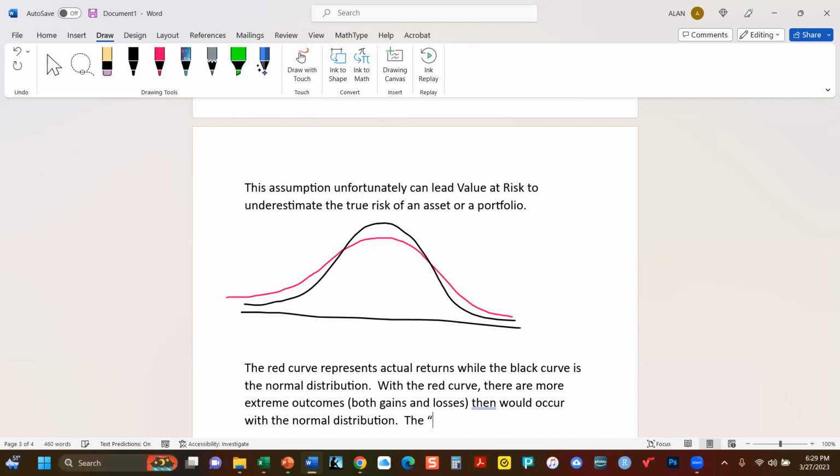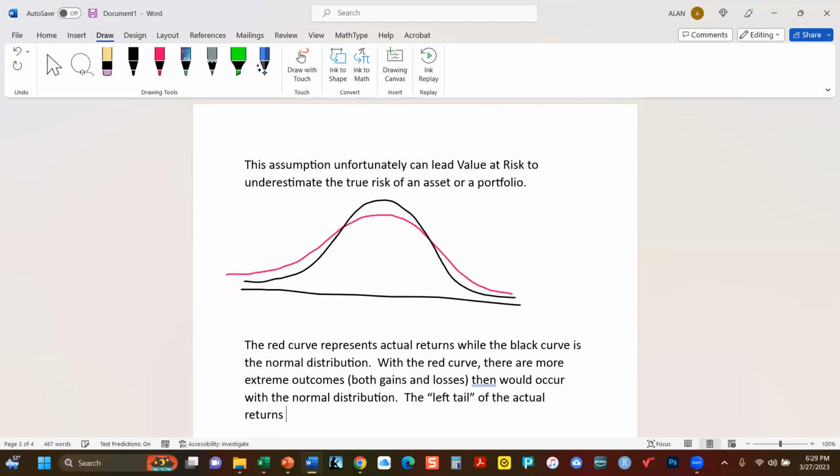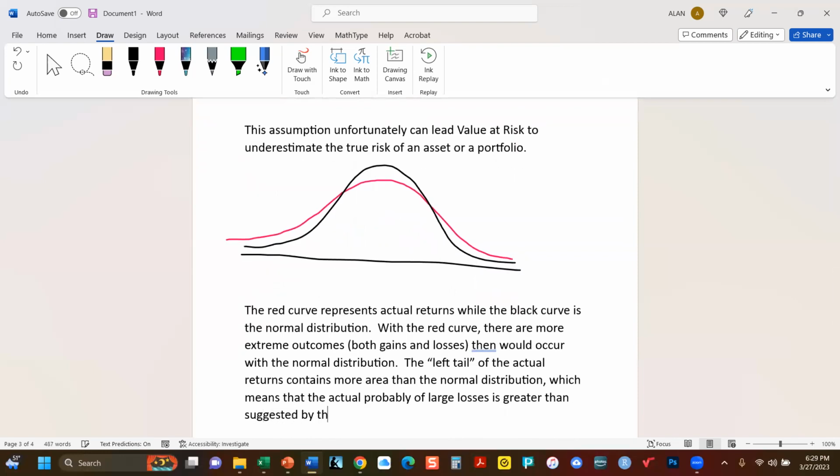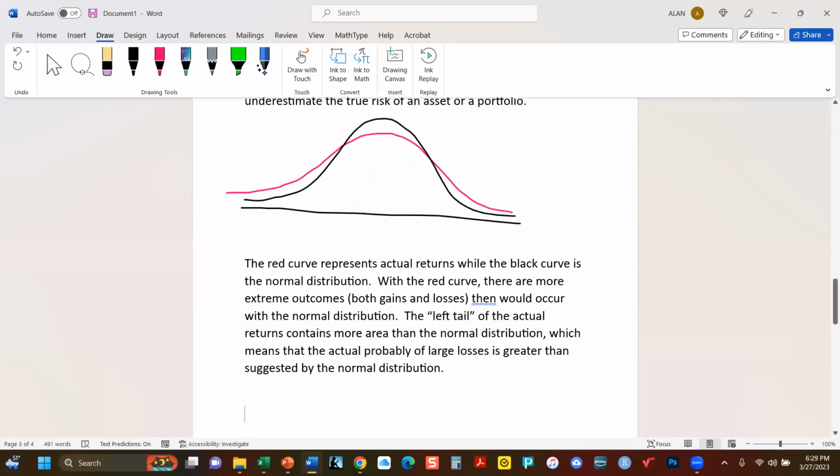So the left tail, as we call it, of the actual returns contains more area than the normal distribution, which means that the actual probability of large losses is greater than suggested by the normal distribution. So it's being not quite conservative enough, in the sense that it's telling you the likelihood of having a very large loss is lower than it really is.